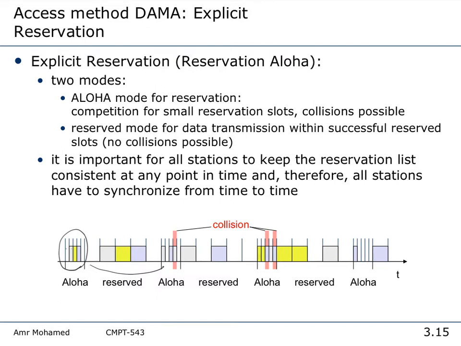Yes, if we have 2 reservations, they did not collide, but based on the randomly generated number, you have generated time slot 2 and you have generated time slot 2. It should be detected in the Aloha mode, right?